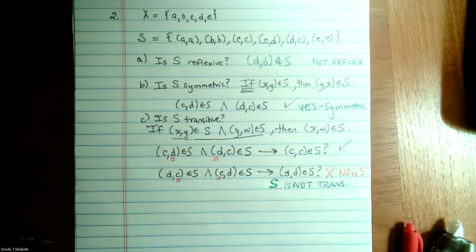Angela, let us know when you get back. So it's a big relation that I gave you, and you're supposed to group together elements that are related to each other. Those are going to be the equivalence classes of the equivalence relation, okay?